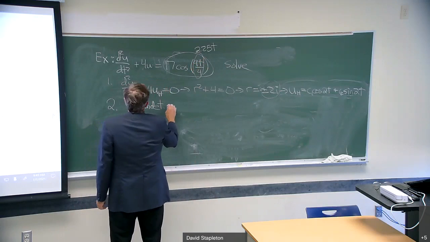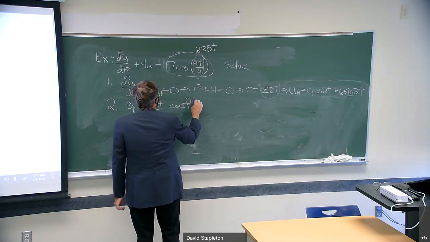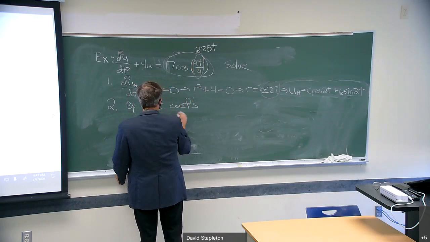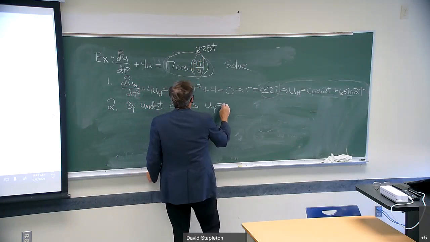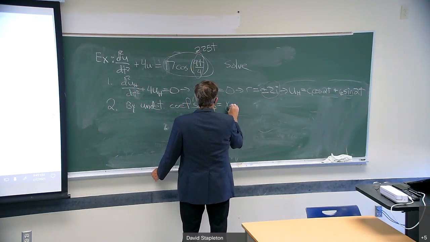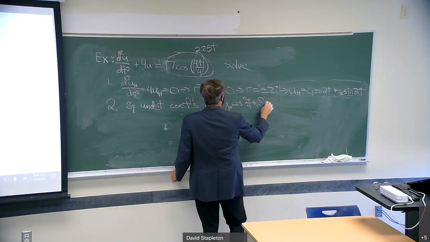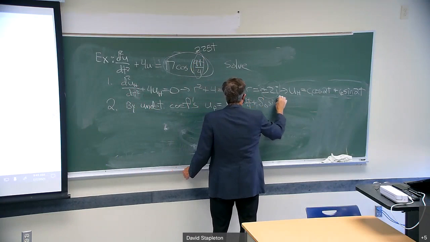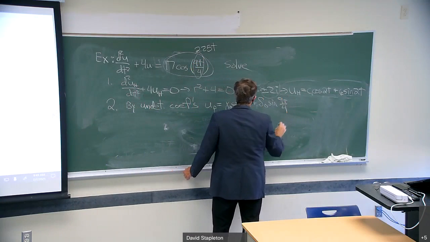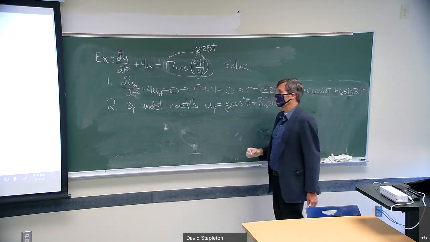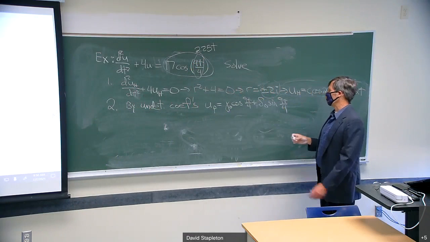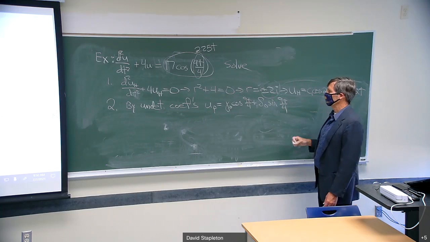So by undetermined coefficients, we look for a solution u particular that is a number times cosine 9t over 4 plus a number times sine 9t over 4. There will be a solution to this problem. The table of undetermined coefficients guarantees it.